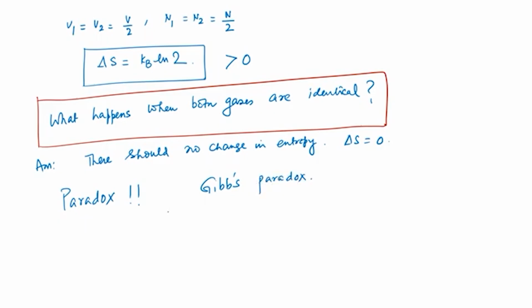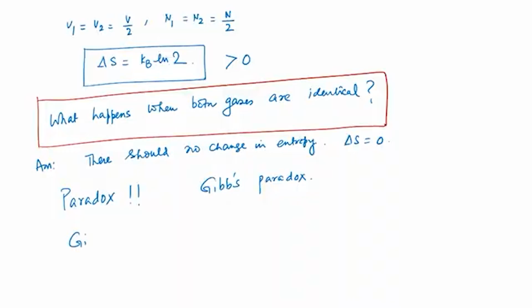As such, classical physics will not offer any explanation of how to get around that paradox or how to resolve these seemingly contradictory notions. But when we go to quantum statistical mechanics, that is, we accept the indistinguishability of particles, that is, the particles are no longer classical but quantum mechanical, then this Gibbs paradox is automatically resolved.